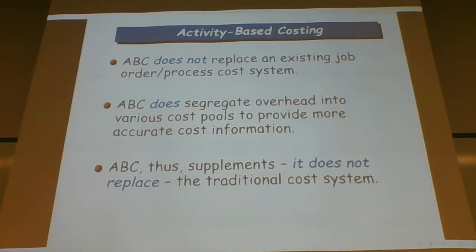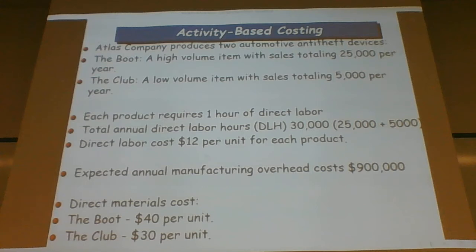Okay, so again, biggest thing to take from this, activity-based costing supplements rather than replaces a traditional cost system. All right, looks like we have an example here of a company. Let's see, they're not making boots.